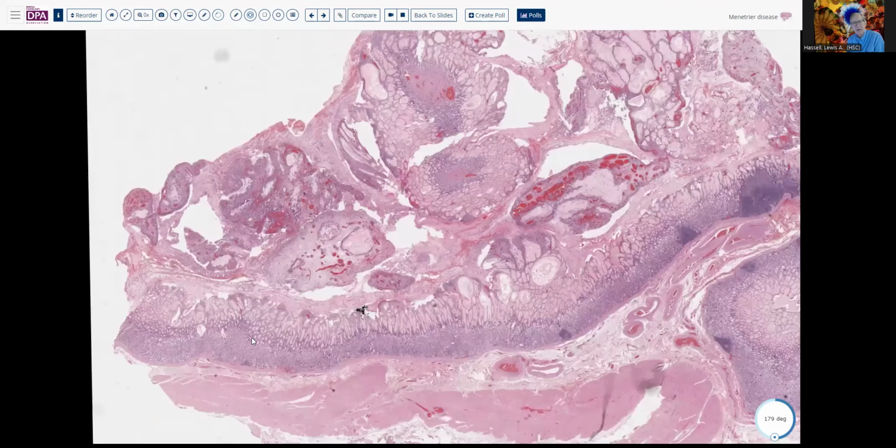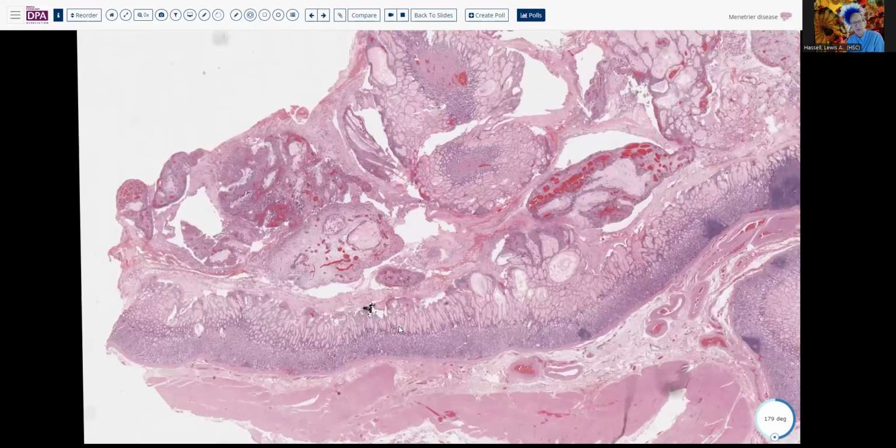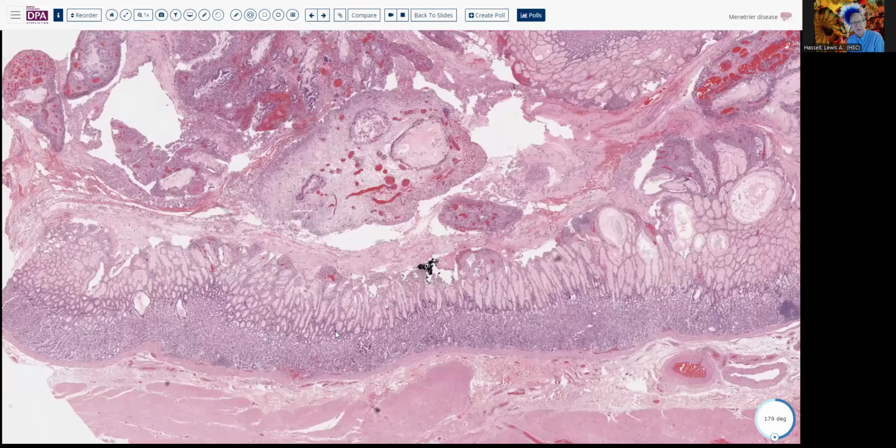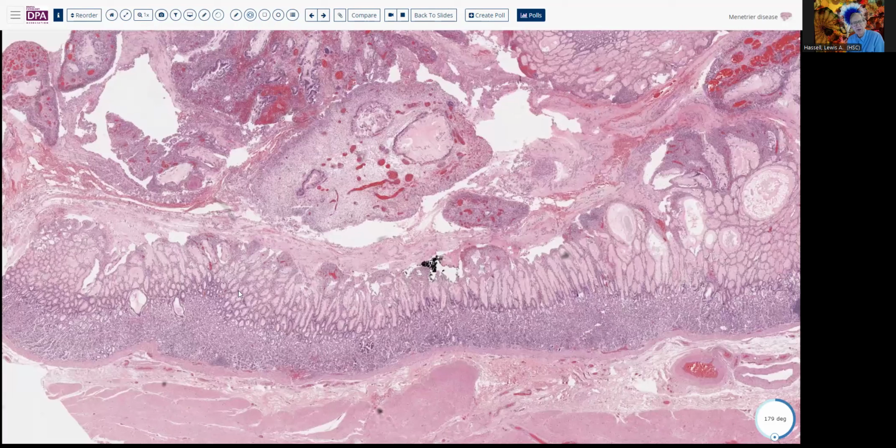But here at the base of this, you can see that there is this fairly prominent foveolar hyperplasia. It's about 50-50 between the glands of the parietal and chief cells versus the foveolar surface mucosa. So that's just in the basal state.